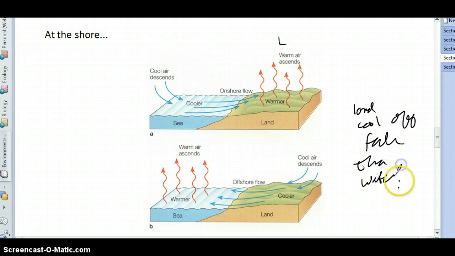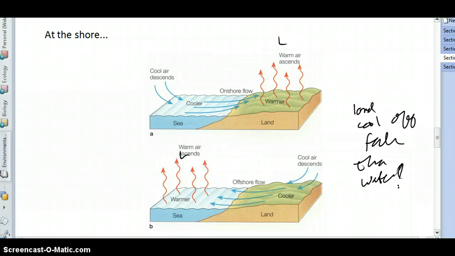Again, water tends to hold on to heat and its temperature will change more slowly than land. So at night, the land cools down relatively quickly, whereas the water doesn't cool down as much. So now the water is warmer than the land. You get lower pressure out here, rising air, and it pulls air off of the land towards the ocean.